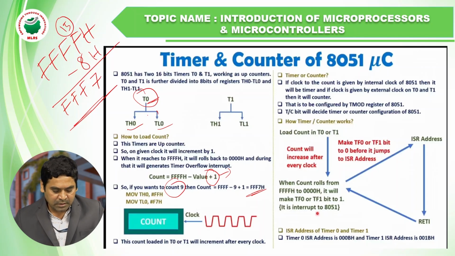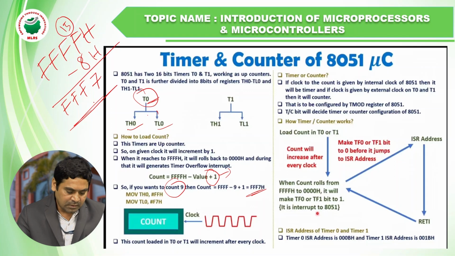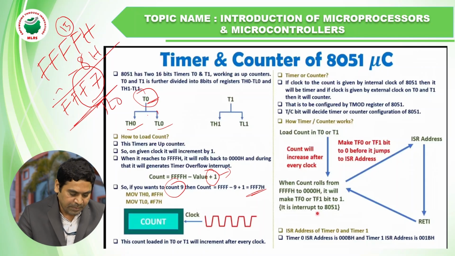This is represented in timer 0 by TL0 and TH0. TL0 is the lower bits and TH0 is the higher bits.